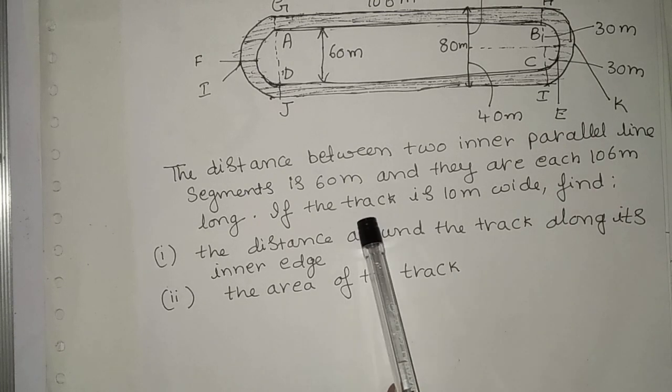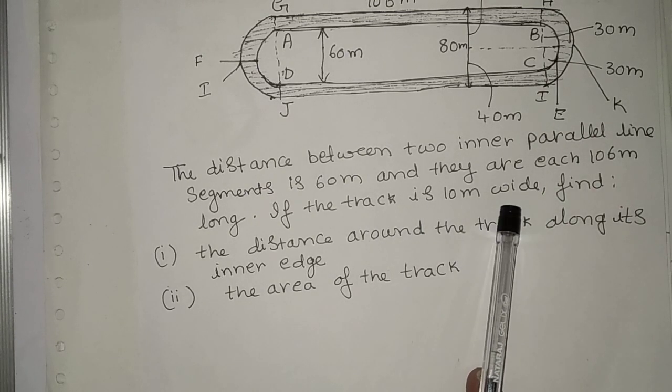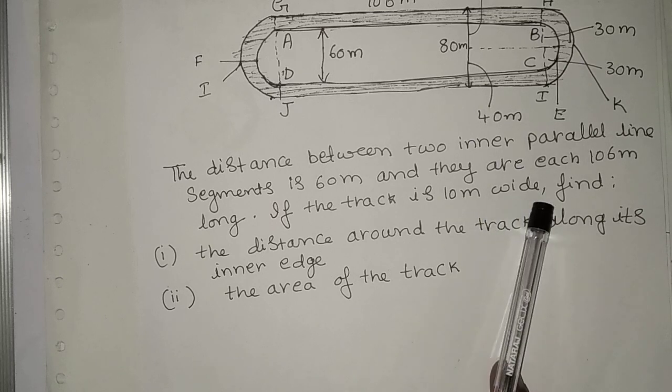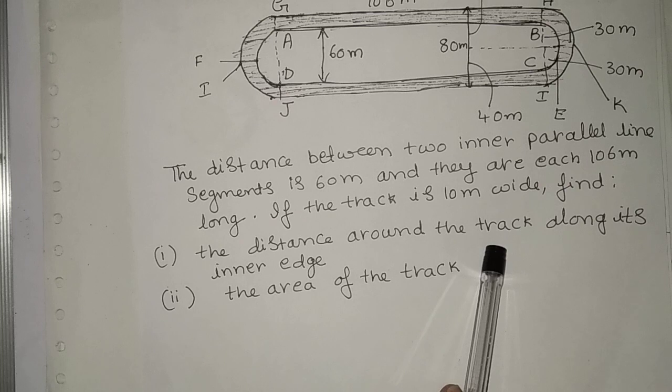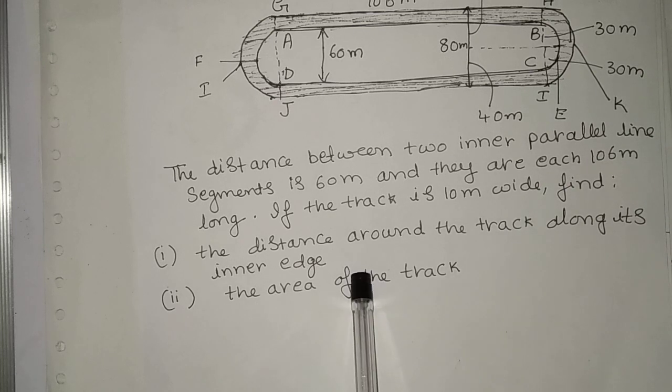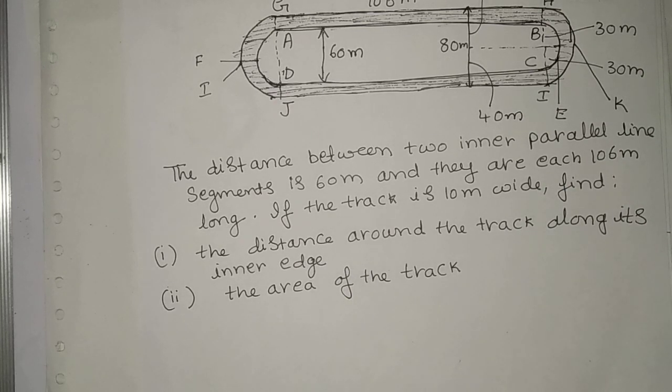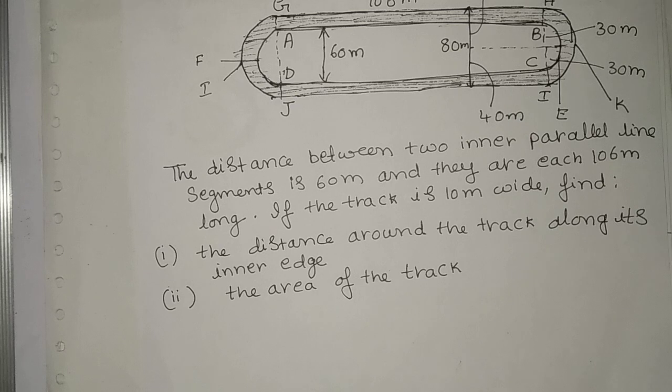So the question is, if the track is 10 meters wide, find the first part, the distance around the track along its inner edge, and the area of the track. So we'll solve this.